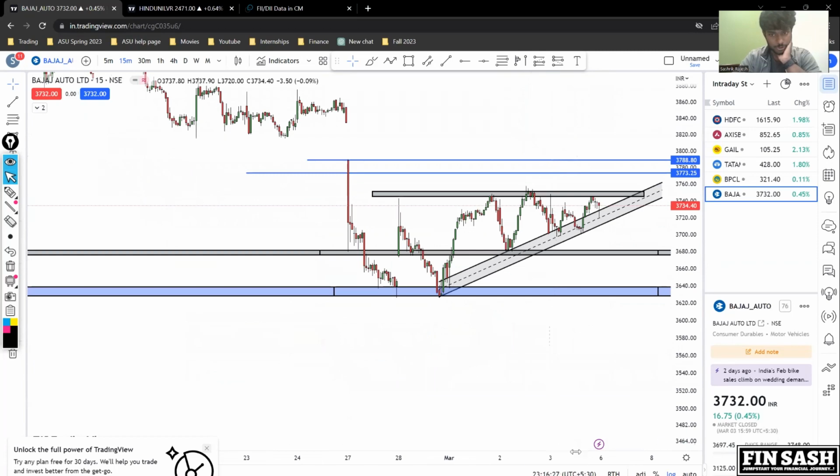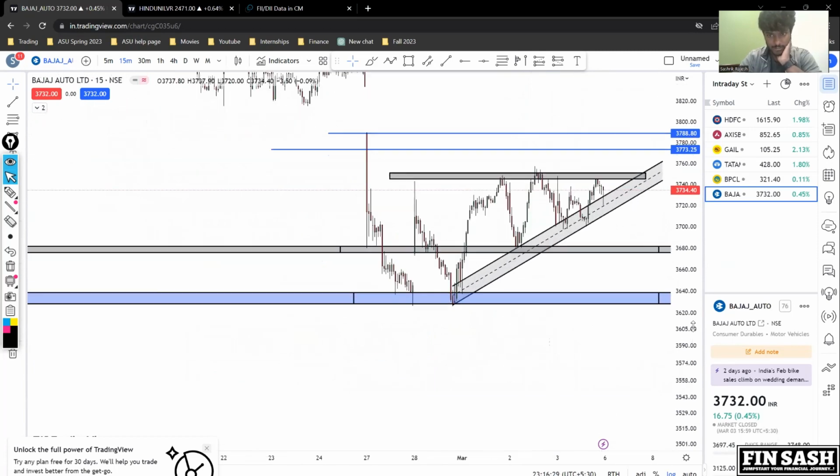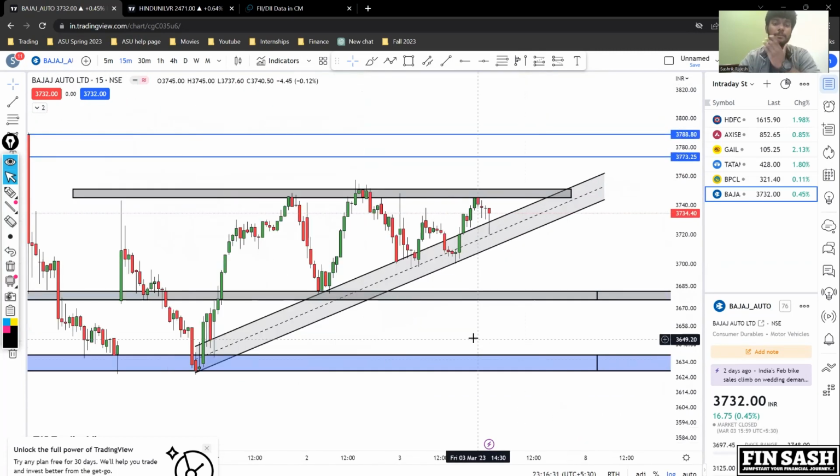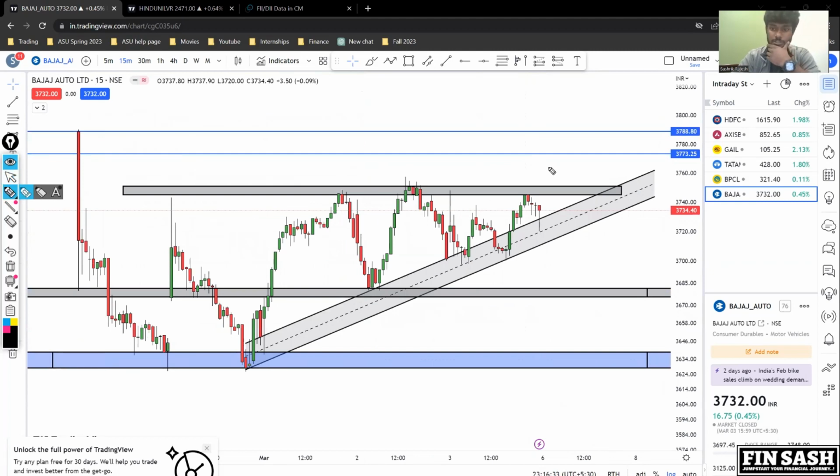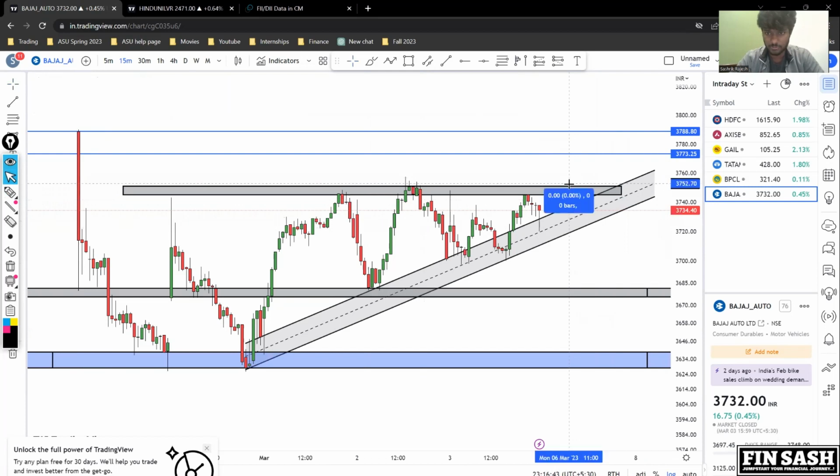Bajaj Auto. So Bajaj Auto is for both sides, the bearish and bullish move. If it gives a closing above this level with a green candle, these would be my targets. I think you guys can take up a trade somewhere here. 0.5 and almost 1%.